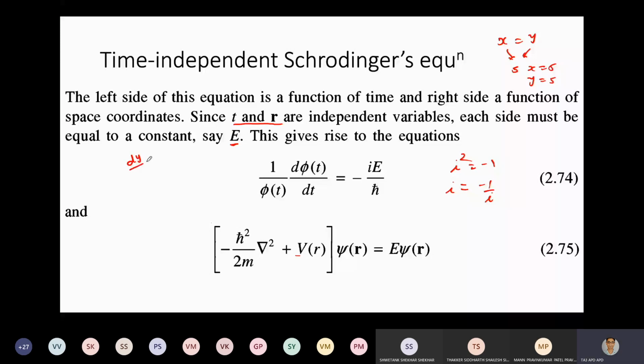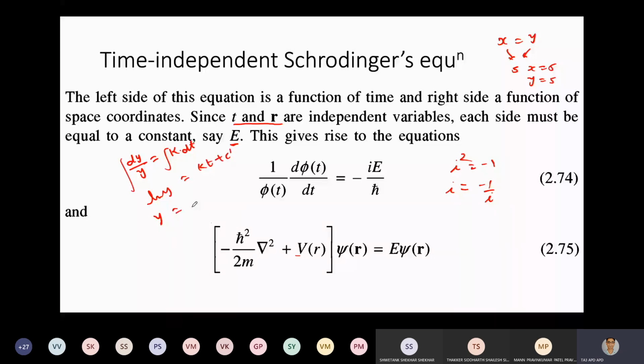Here I have written y instead of phi. If you have this type of equation and take the integral on both sides, then ln of y equals kt plus c prime, and y equals c into e raised to kt, where c is equal to e raised to power c prime.